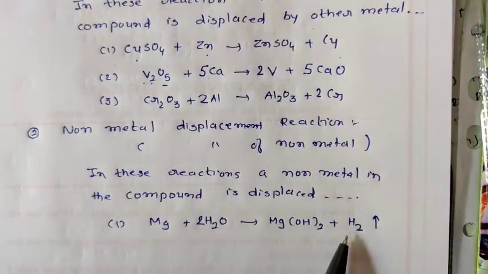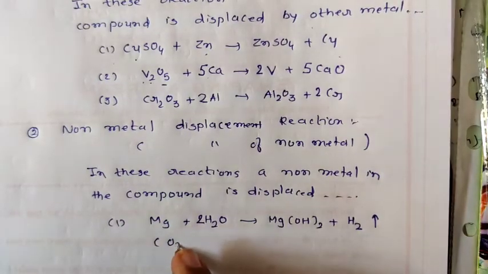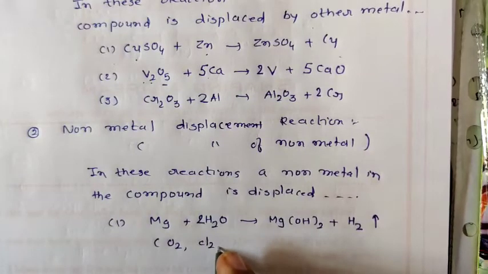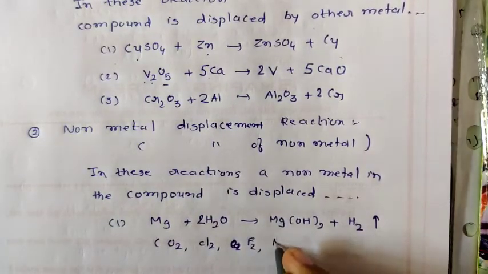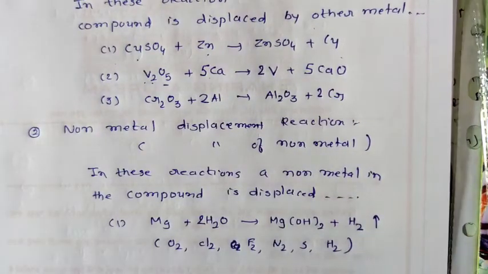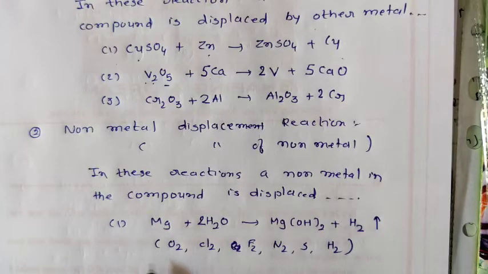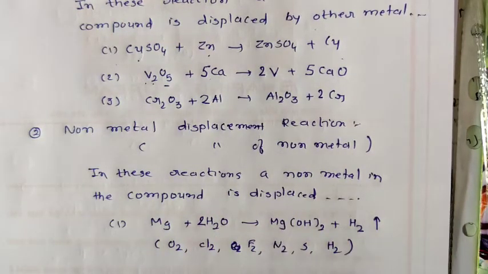So in any kind of reaction, when hydrogen, oxygen, chlorine, I will give you non-metal examples: hydrogen, chlorine, fluorine, nitrogen, sulfur, hydrogen will be obtained. This type of reactions are known as non-metal displacement reaction.